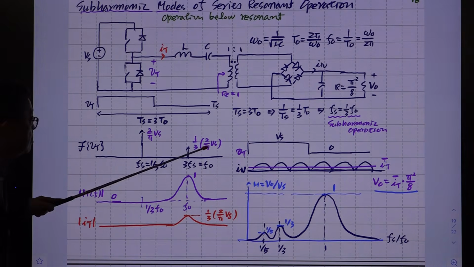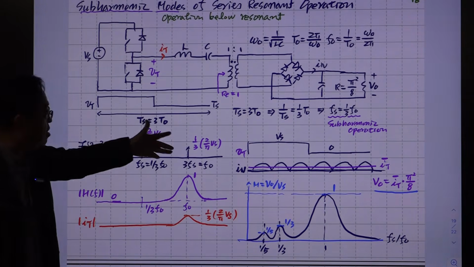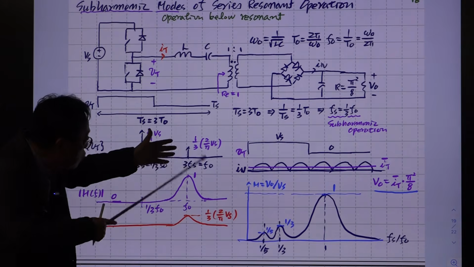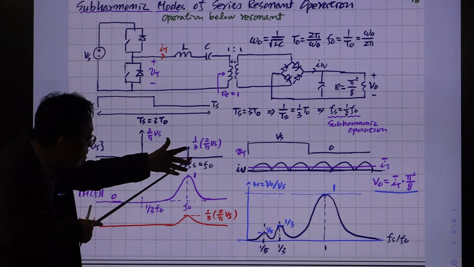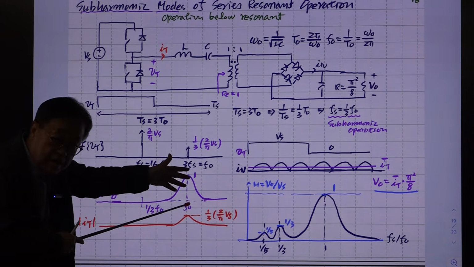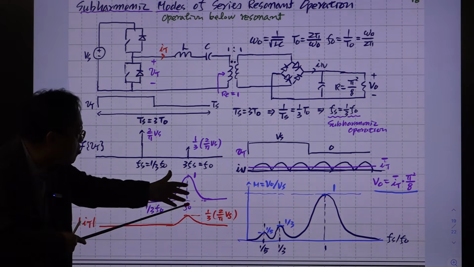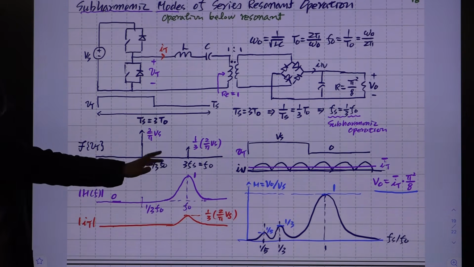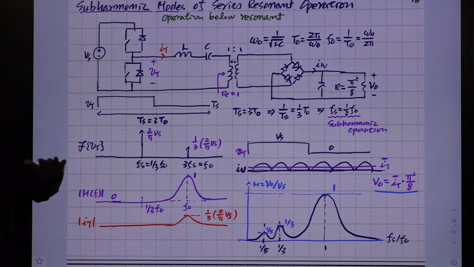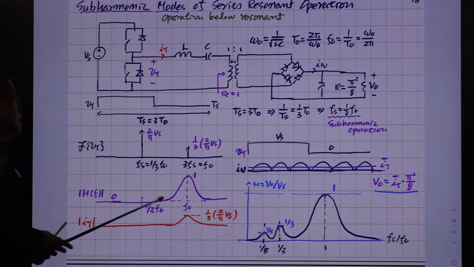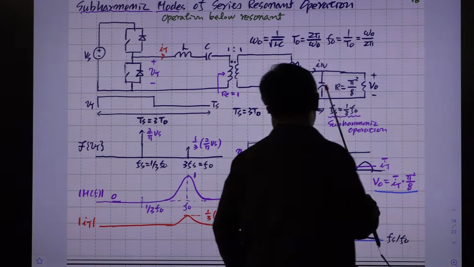So this magnitude is reduced, but this sinusoidal component still excites the resonance, and the output will be generated. The gain of this operation is just 1/3 of normal operation, but it still works. That feature is shown here.